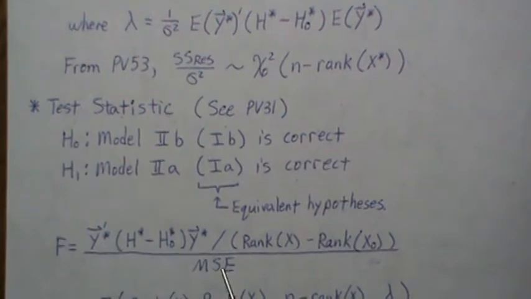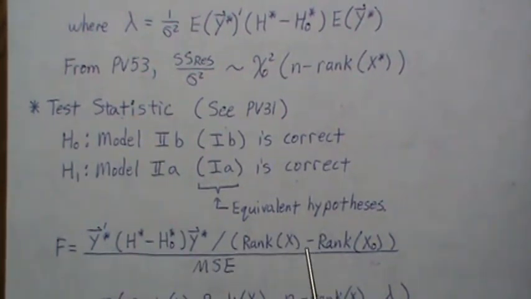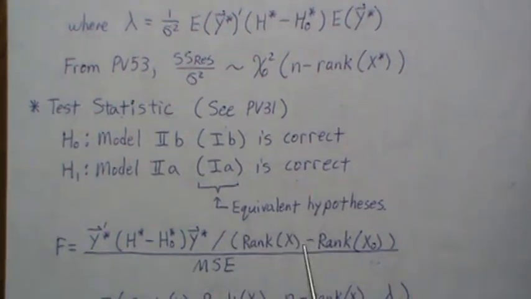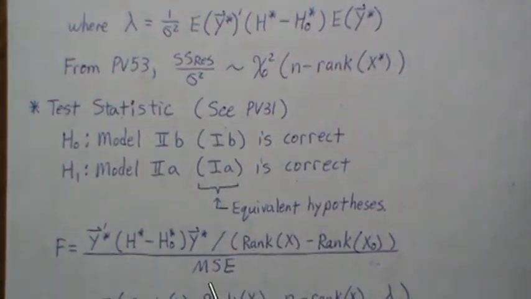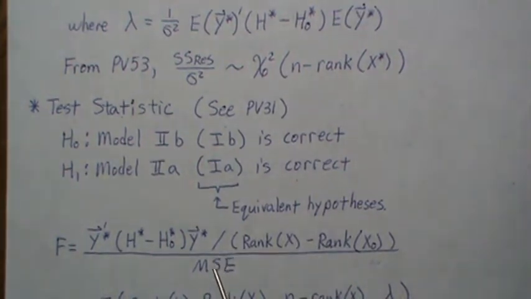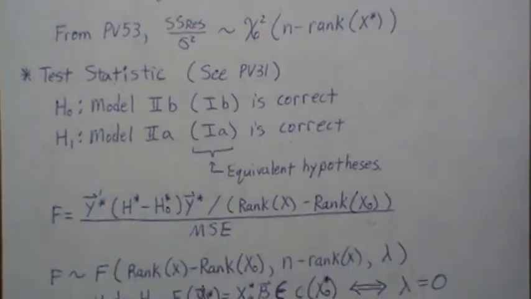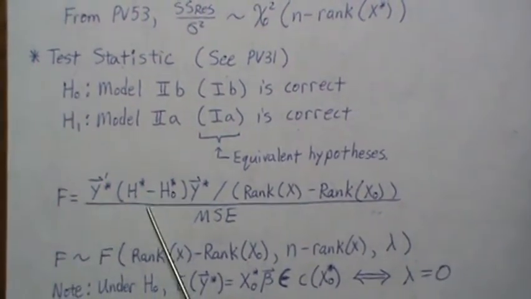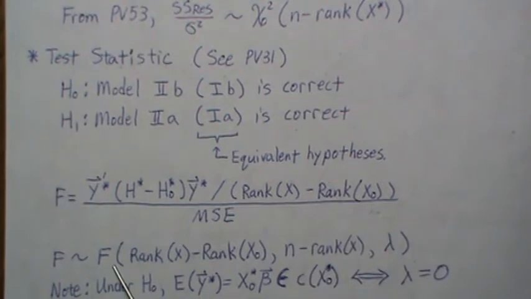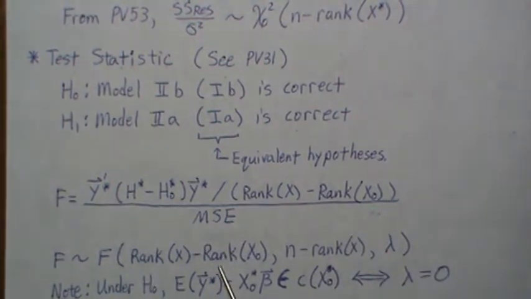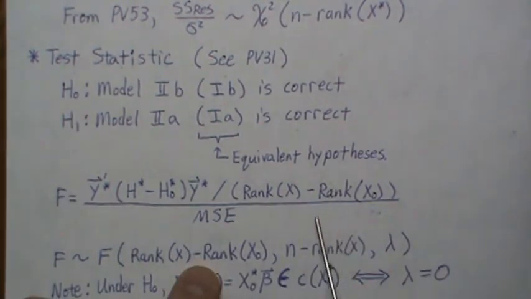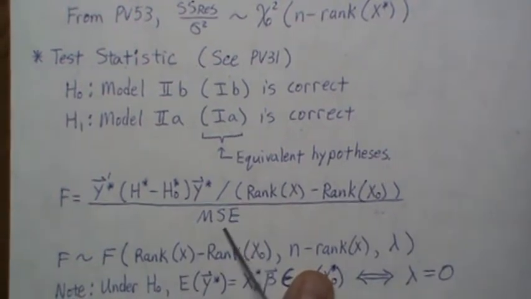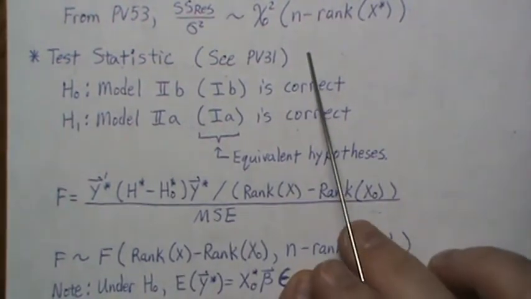So this quadratic form divided by its degrees of freedom, so this is a chi-squared divided by its degrees of freedom, and divided by an independent quadratic form divided by its degrees of freedom. So it's an F test. F is distributed with an F distribution with numerator degrees of freedom here, and the denominator degrees of freedom is associated with this, which is up here.